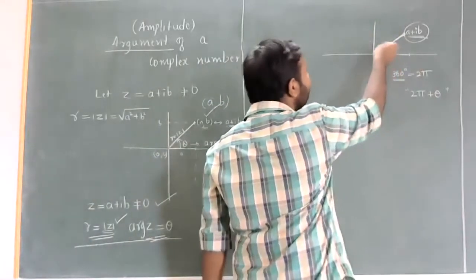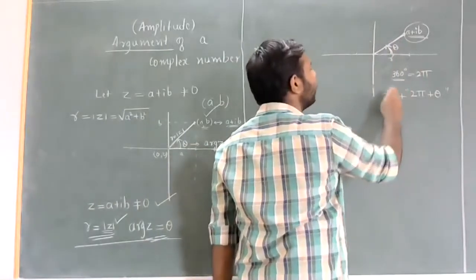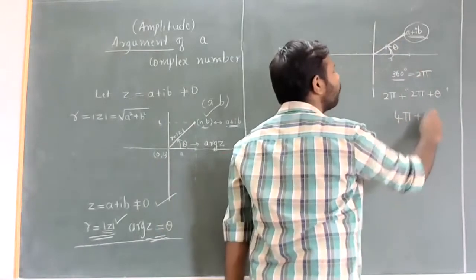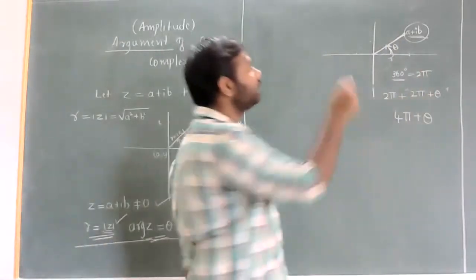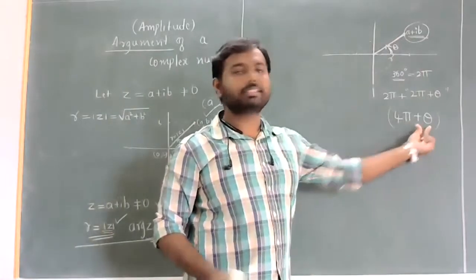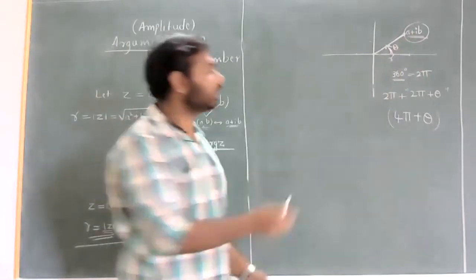If I again go around another circle, then it will be plus 2 pi. That means it will be a total of 4 pi plus theta. So after covering the angle 4 pi plus theta, this angle will be subtended at the same position.